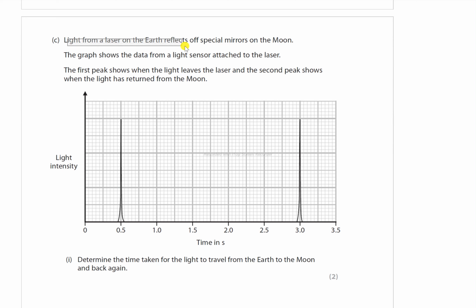Light from a laser on Earth reflects off special mirrors on the moon. The graph shows the data from a light sensor attached to the laser. First peak shows when the light leaves the laser, and the second peak shows when the light has returned from the moon. Okay, fair enough. Determine the time taken for the light to travel from the Earth to the moon and back again.